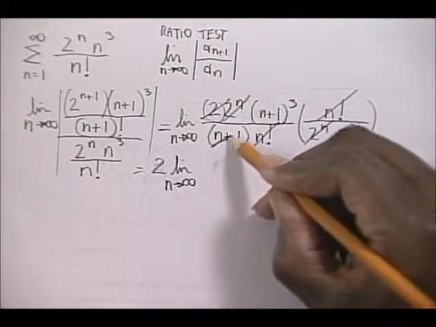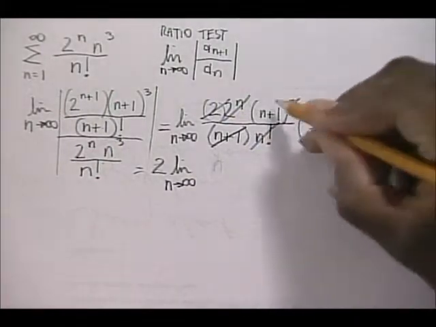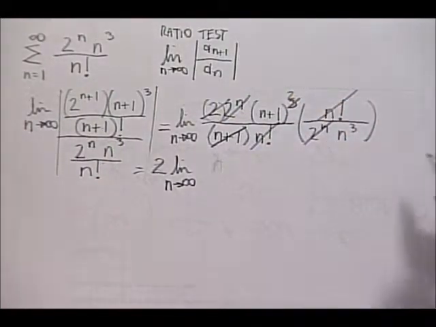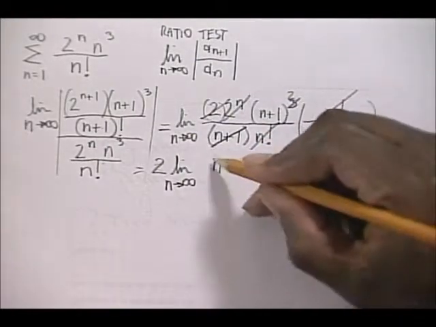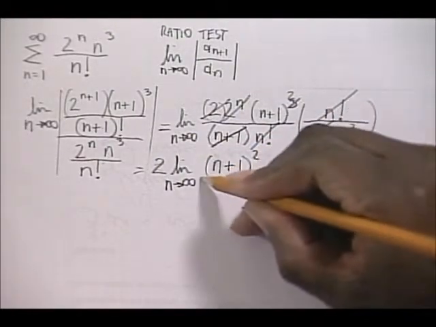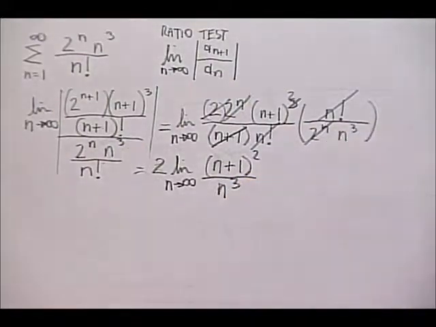N plus 1 cancels with n plus 1 cubed, and you end up with squared. All right, so sorry about that. So what you got is n plus 1 squared over n cubed.